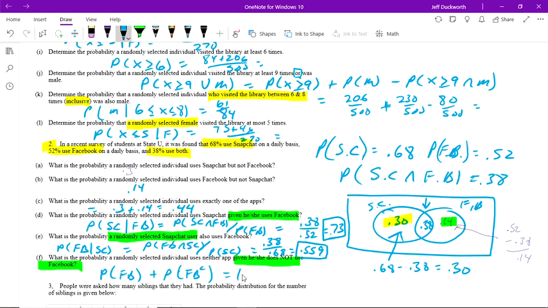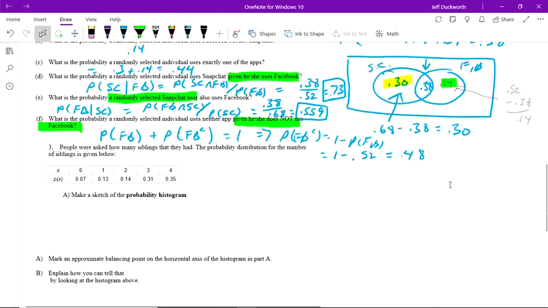So that means that the probability that they did not use Facebook is equal to 1 minus the probability that they did use Facebook, which is 1 minus 0.52, which is 0.48. So we have that information here.